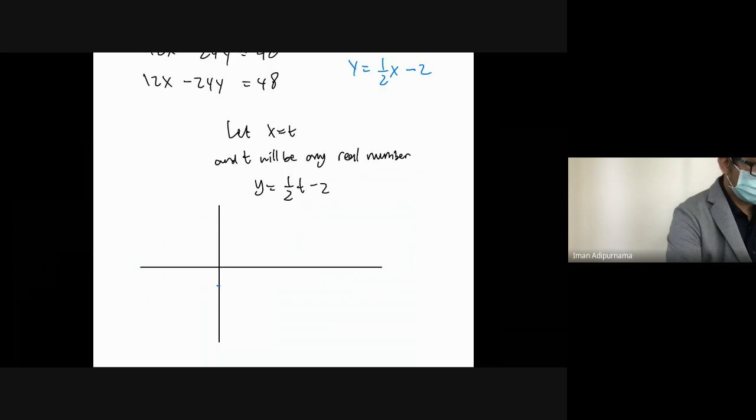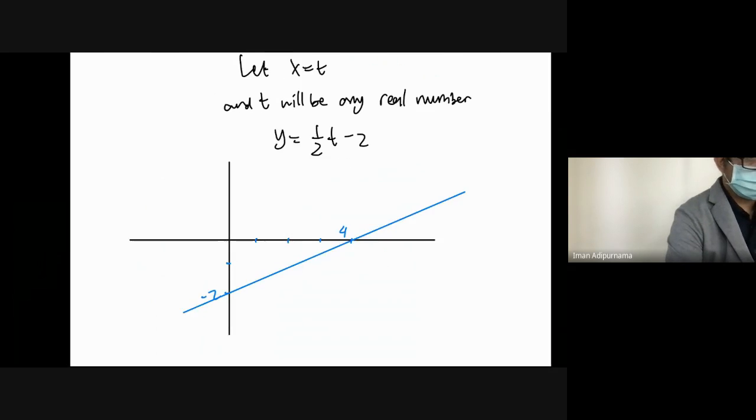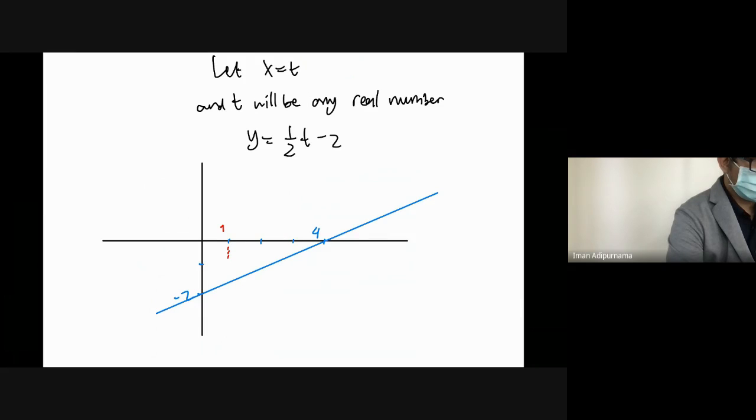So this will be 1, 2, 1, 2, 4. And if you look here, this is t equal 4. This is t equal 1.